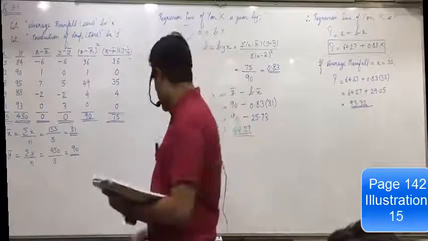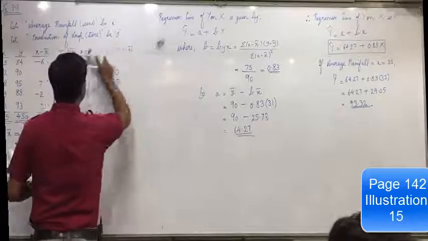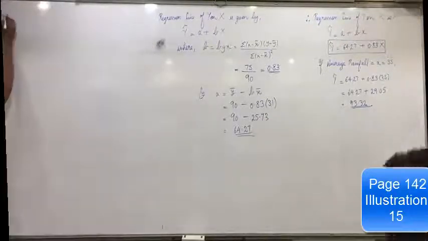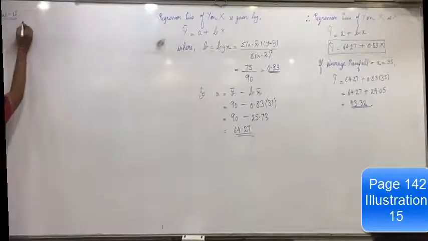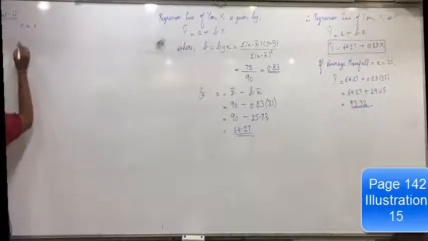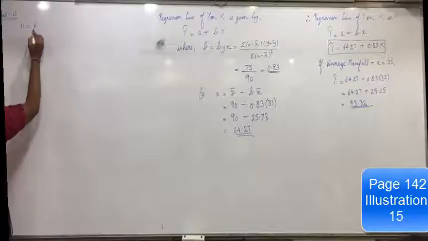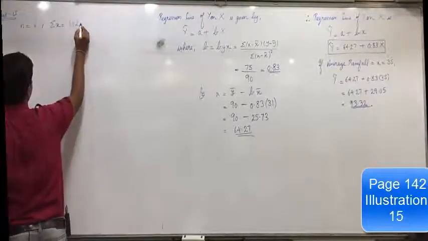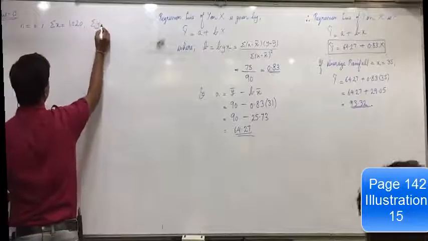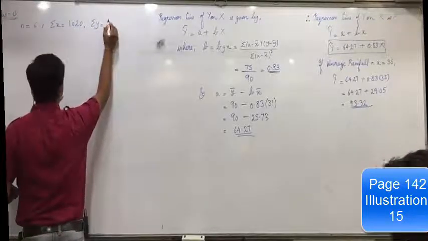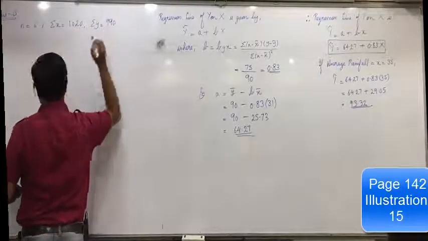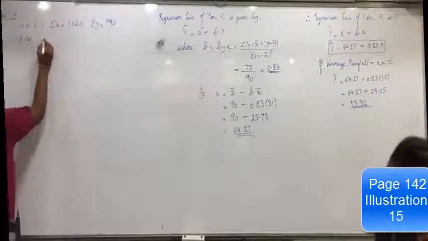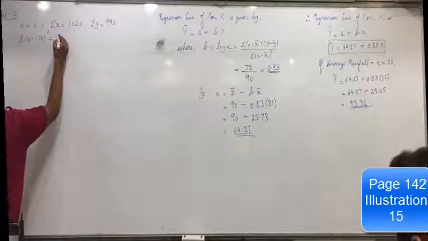Okay, so first write out this information. Always short questions, we do in this manner only. First we write the information. Illustration 15. N is equal to 6. Sigma X is 1020. Sigma Y is 990. Sigma (X minus 170) whole square is 60.